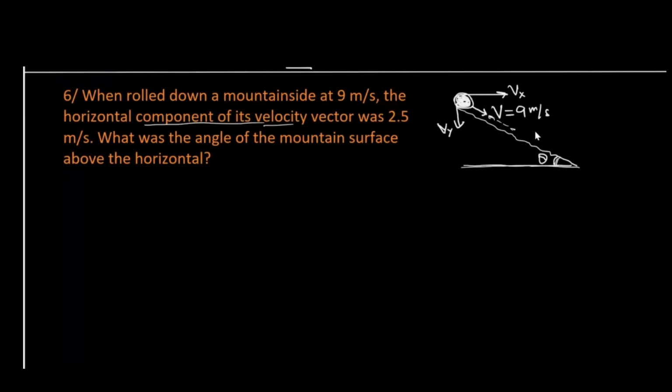This is the horizontal component Vx, and this is the vertical component. Vx is given, that means 2.5 meters per second is given. So you are asked the angle.